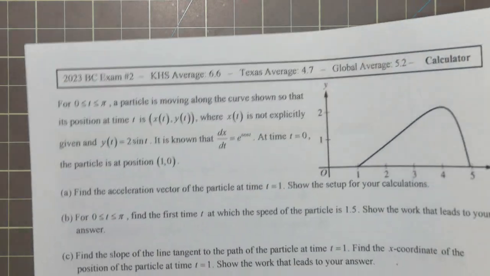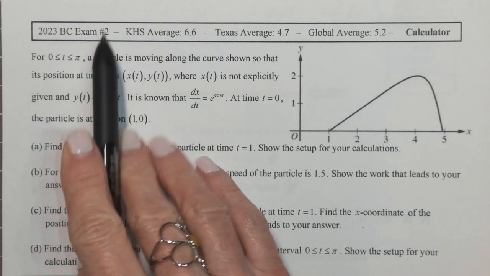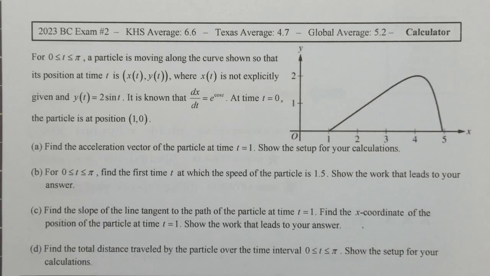Alrighty, we're going to do the FRQ from 2023. This was number 2. This was with a calculator, so I'm going to grab my calculator. I'm going to clear out what's there and get ready here.